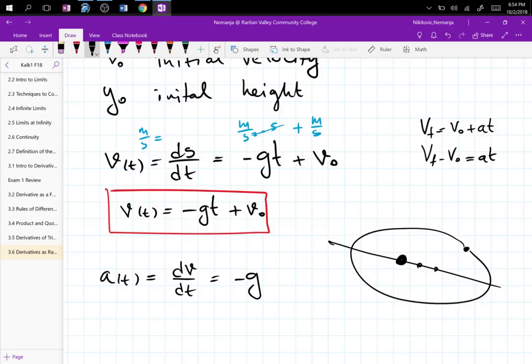Why does the Earth go around? The Earth's tangent velocity wants to go this way, but acceleration is pulling in on these vectors. So it just bends and it goes around.